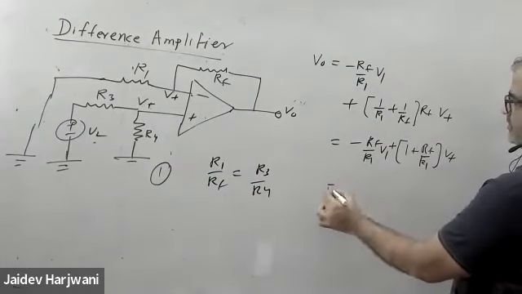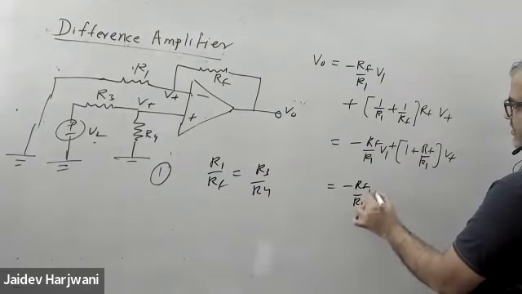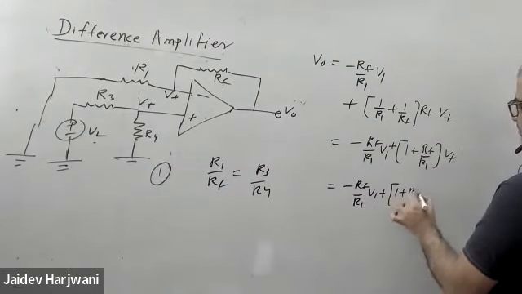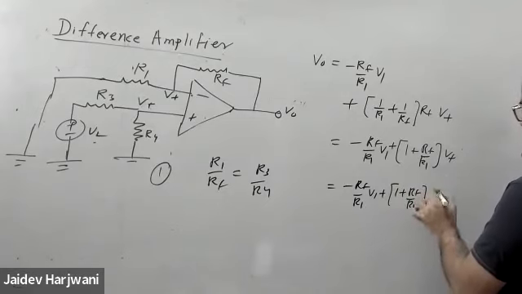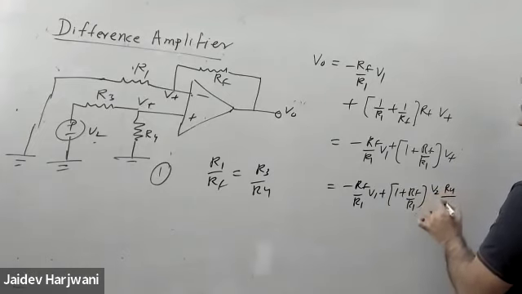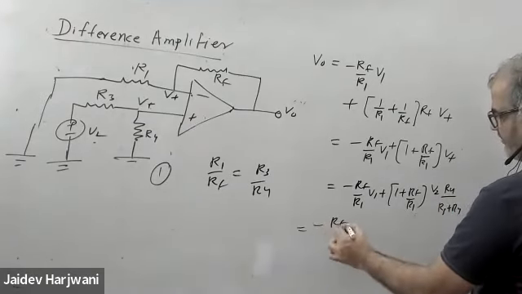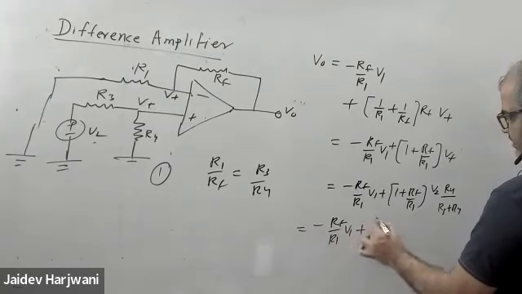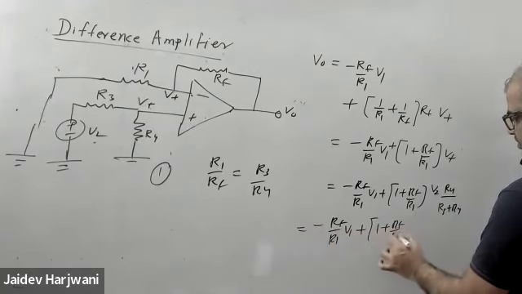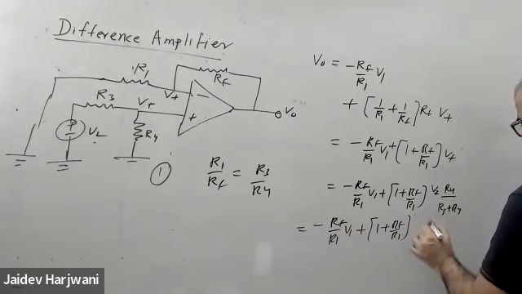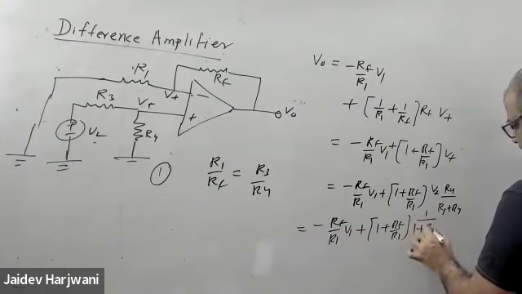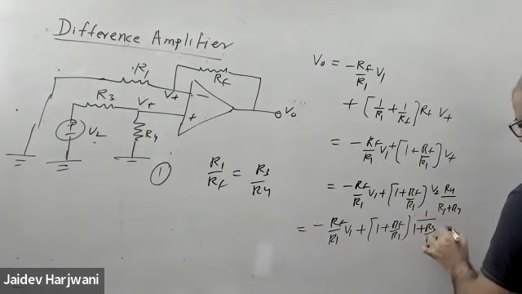This is V0, so this is minus RF upon R1 V1 plus 1 plus RF upon R1, and you have here V2 R4 upon R3 plus R4. You simplify this a little bit: RF upon R1 V1 plus 1 plus RF upon R1, and this you can write as 1 upon 1 plus R3 upon R4 V2.